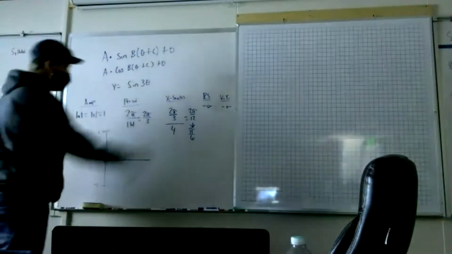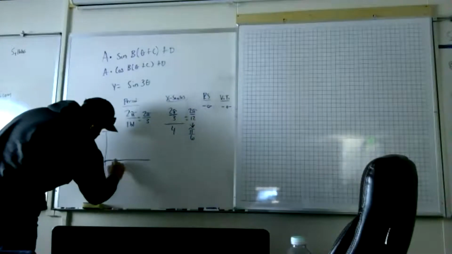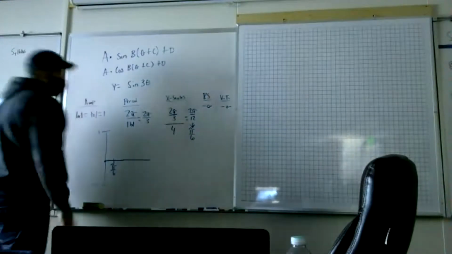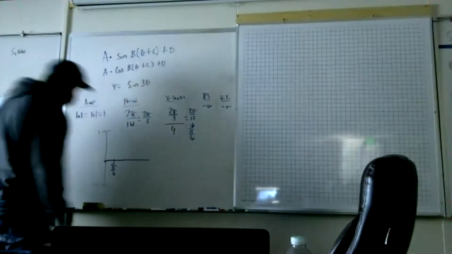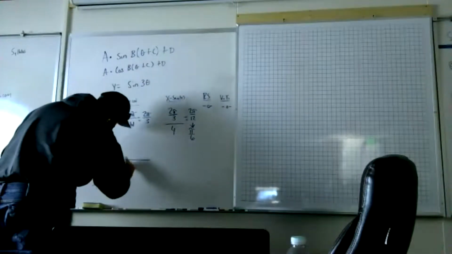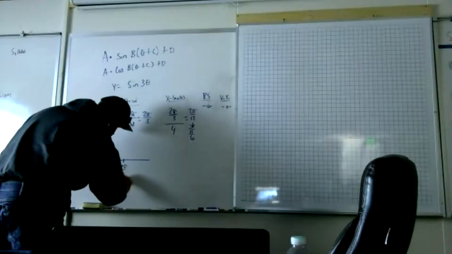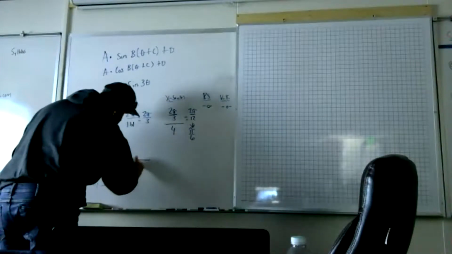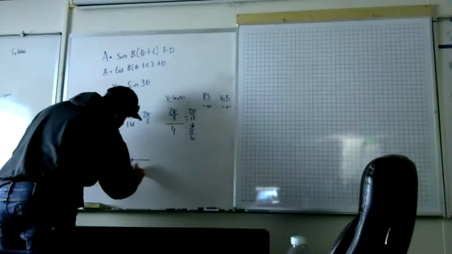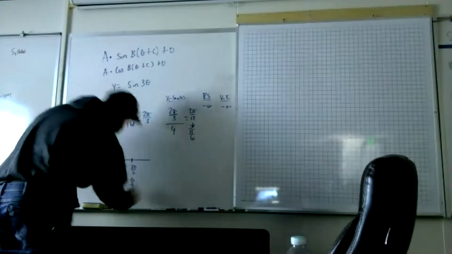So my x scales say that every pi over 6, I should have a critical point. The first one is pi over 6. The second one is 2 pi over 6, or pi over 3. The third one is 3 pi over 6, or pi halves if you simplify.